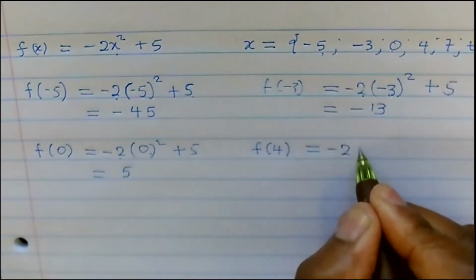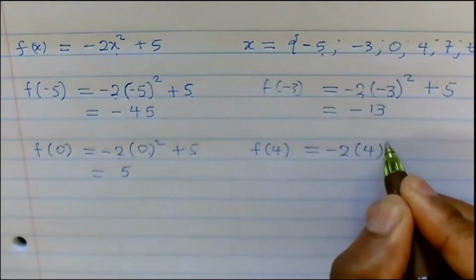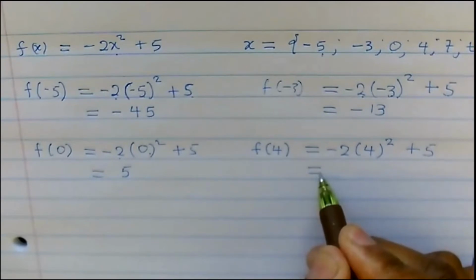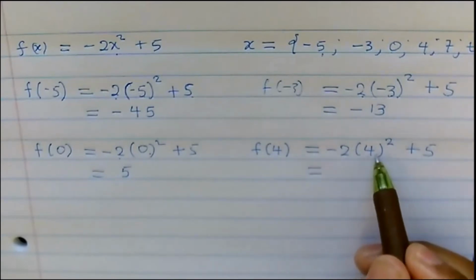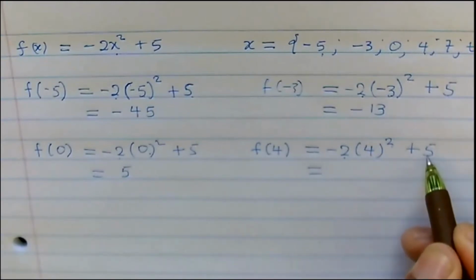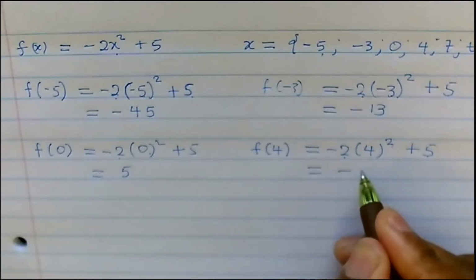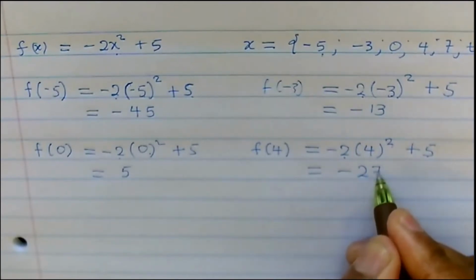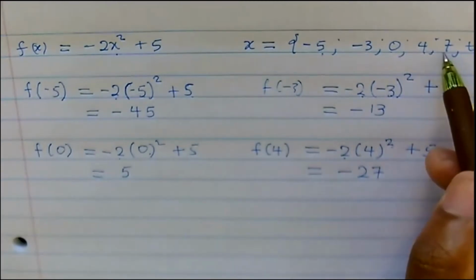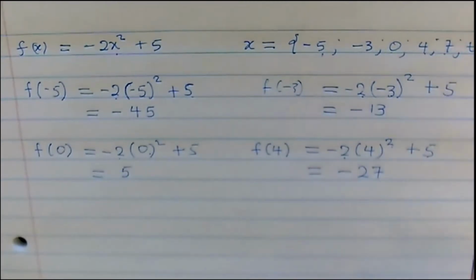Again, where there's an x, we substitute 4. 4 squared is 16. 16 times -2 is going to be -32. -32 plus 5 is going to give us -27, learners.